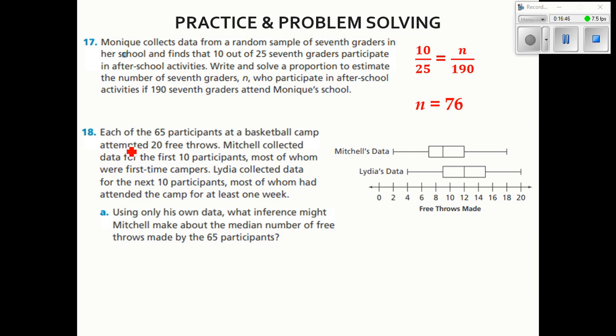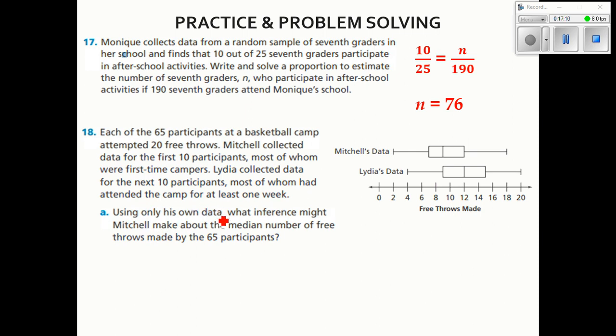Number 18, each of the 65 participants in the baseball camp attempts 20 free throws. Mitchell collected data for the first 10 participants, most of whom were first-time campers. Lydia collected data for the next 10 participants, most of whom had attended the camp for at least 1 year.